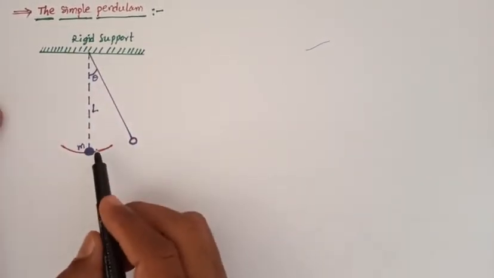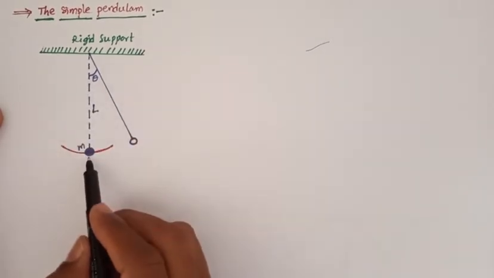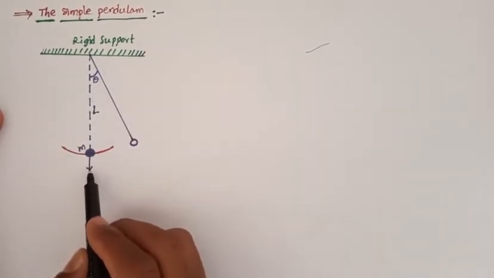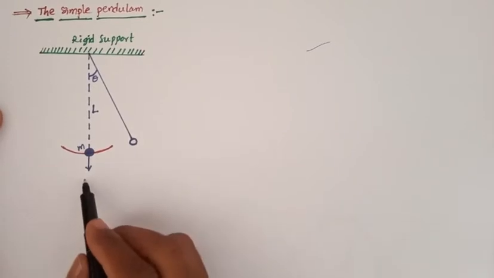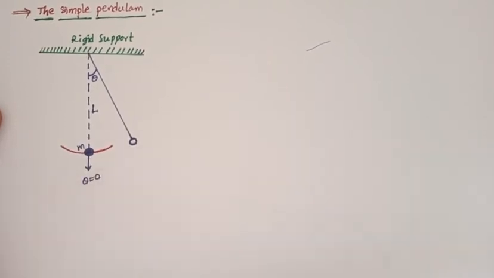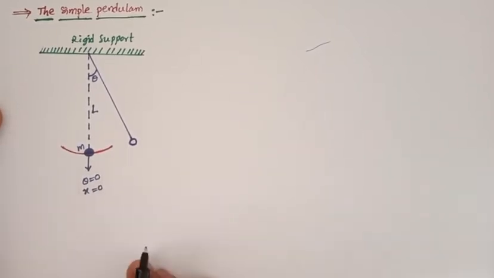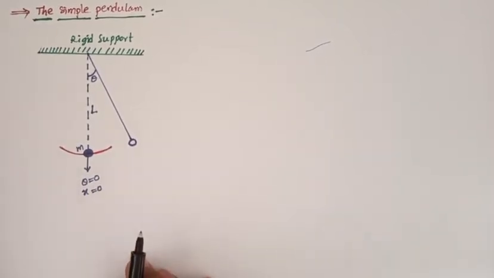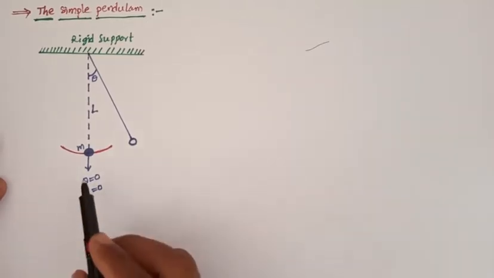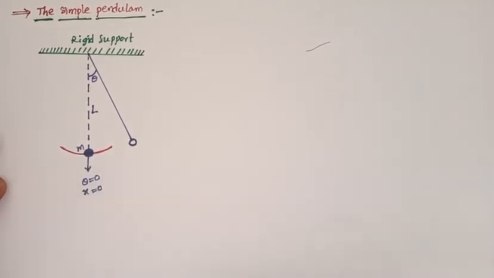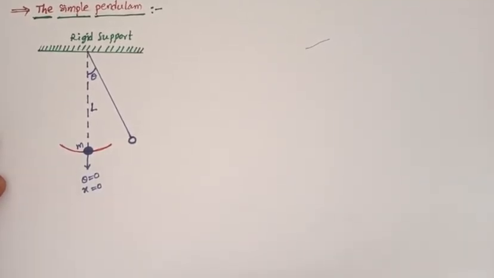At the equilibrium position, the vertical position, the angular displacement is 0 and the linear displacement is also 0. Angular displacement and linear displacement both are 0.